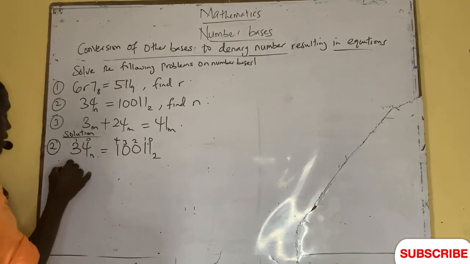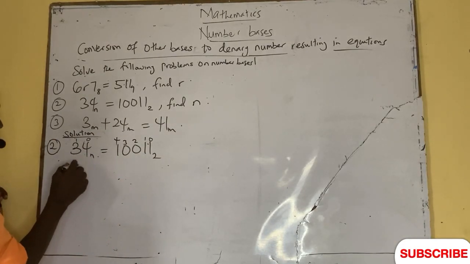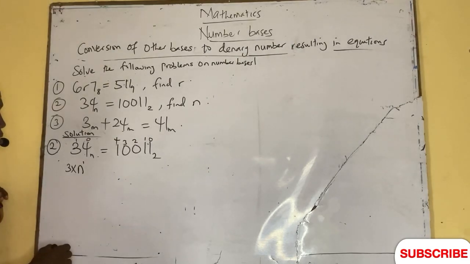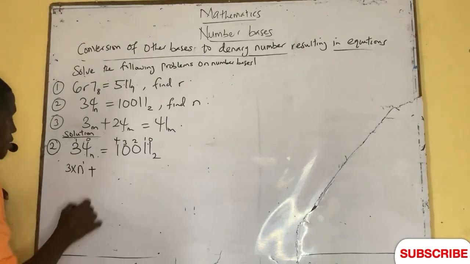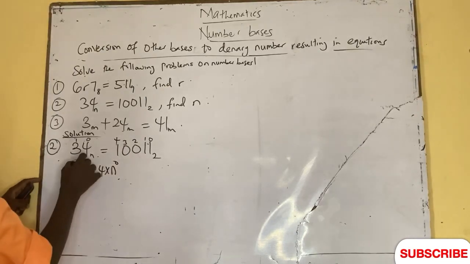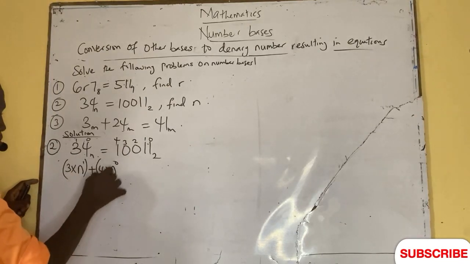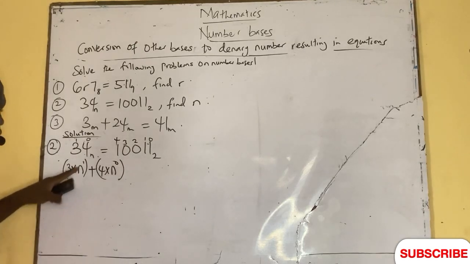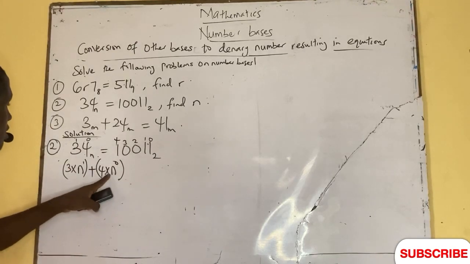So we have 3 times n raised to power 1 plus 4 times n raised to power 0.